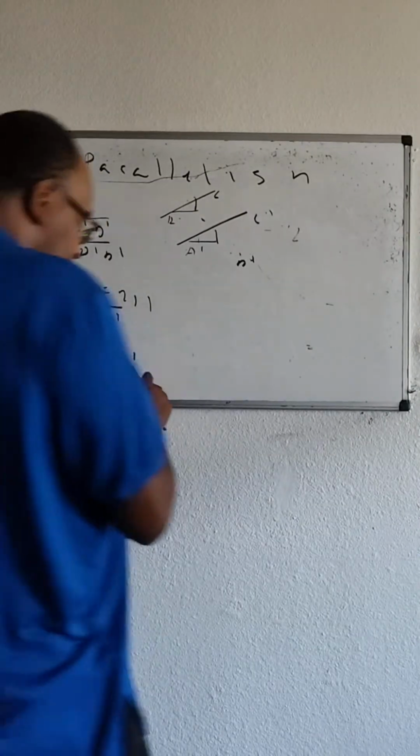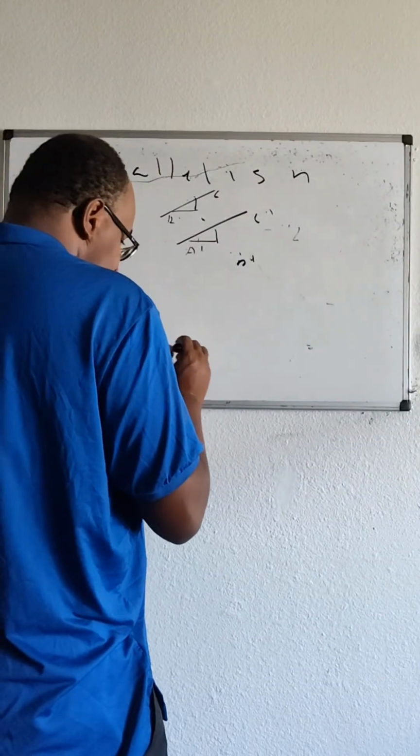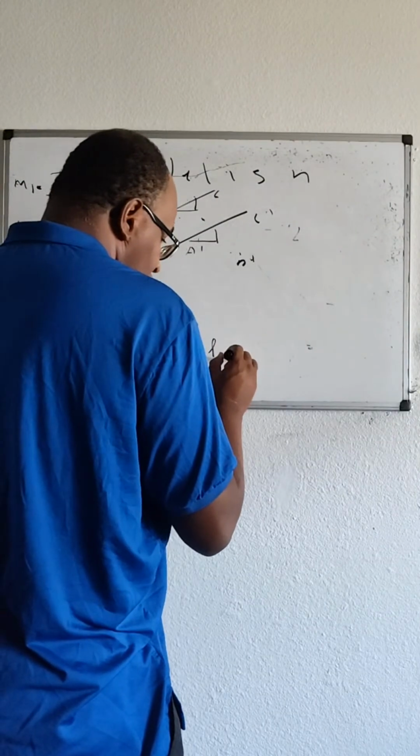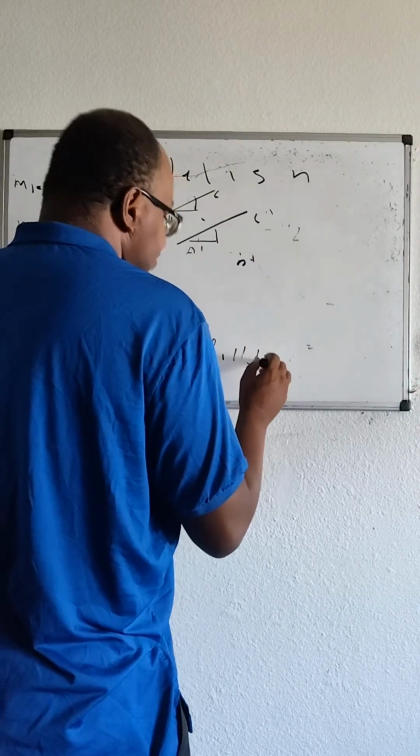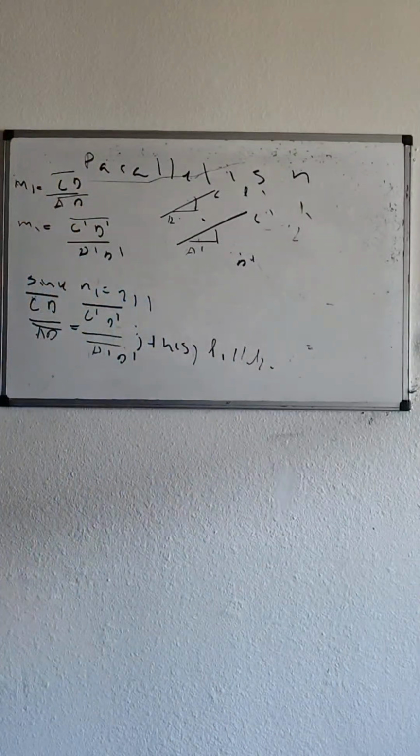And since the two are equal, then we say thus L1 is parallel to L2, period. So if the slopes are equal, we know that the lines are parallel. If they're equal, they are parallel.